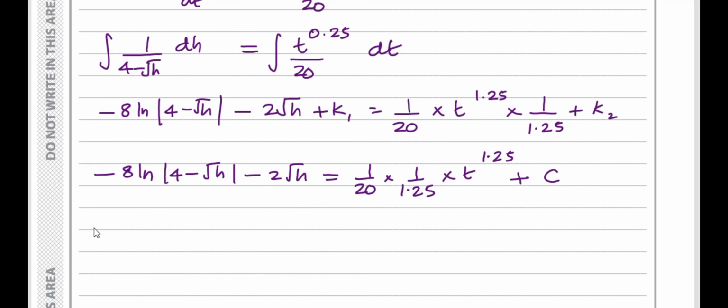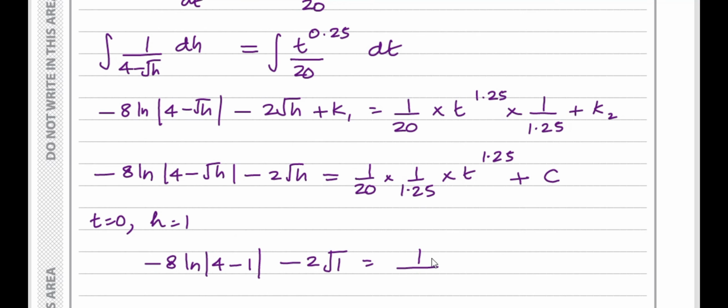The question tells us that when t is equal to 0, height was equal to 1. Let's substitute that value here. So minus 8 ln 4 minus 1 minus 2 square root of 1 equals 1 over 20 times 1.25, which is 25 here, times t to the power of 1.25 plus c. And the t is what? 0, right? Therefore, we can write this whole term as 0.